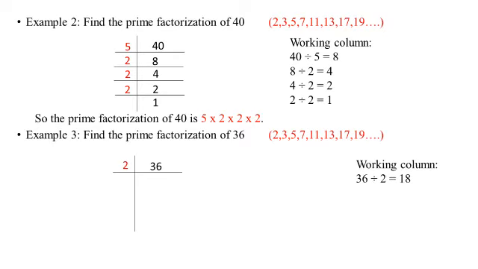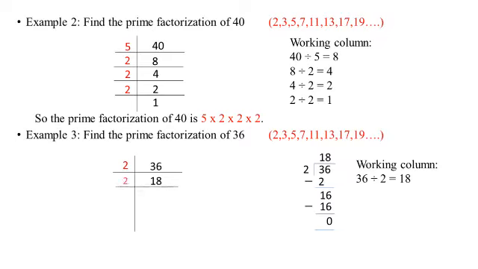For bigger numbers, you can use long division to find the quotient. Now we write 18 below 36. Here 18 is an even number. So again we divide by 2.